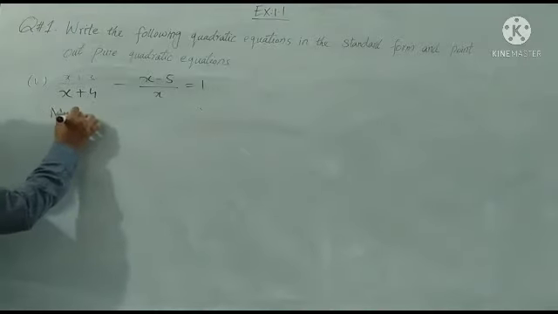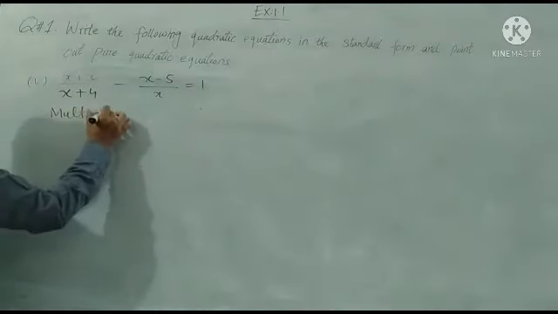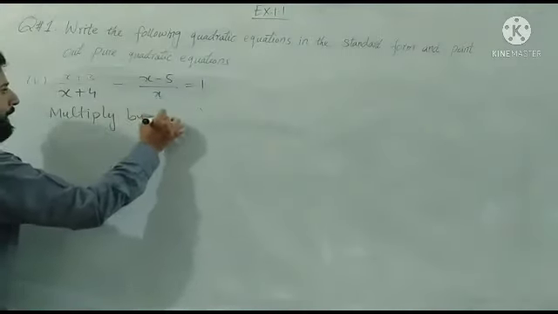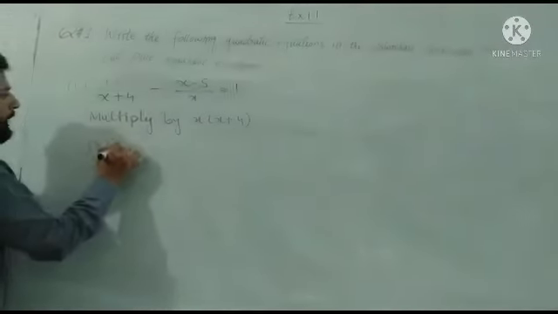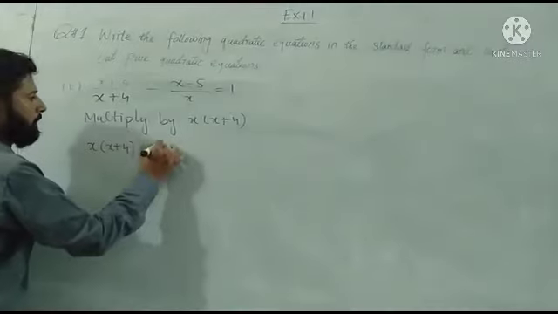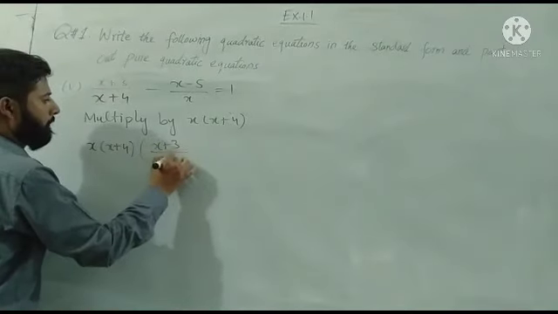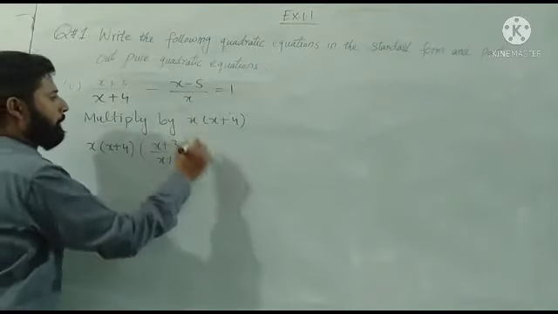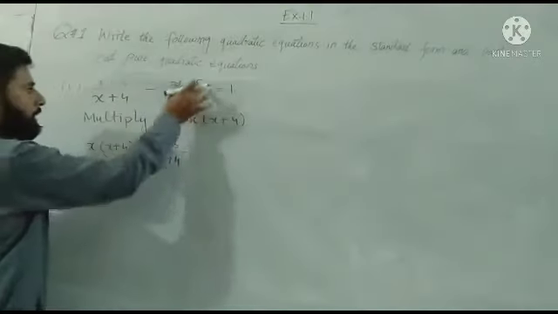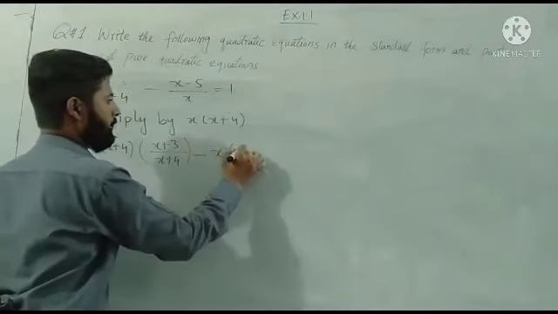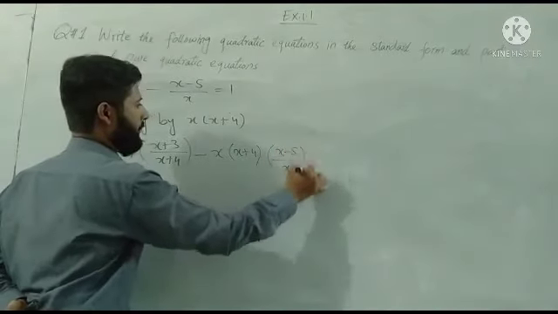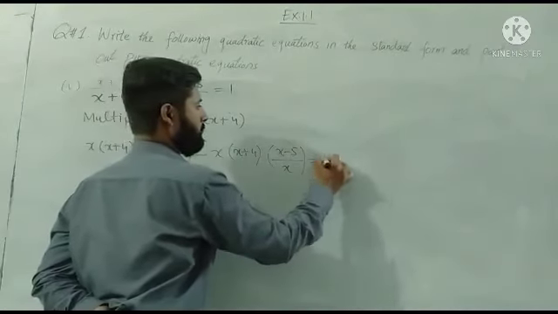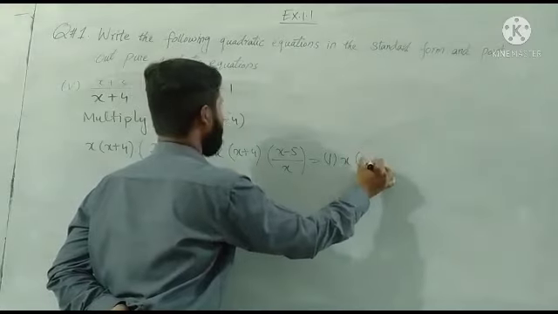So we will write here multiply by x into x plus 4. So when we multiply this value with x into x plus 4, and again we multiply the same value with this term, x into x plus 4 into x minus 5 over x is equal to 1 into x plus 4.